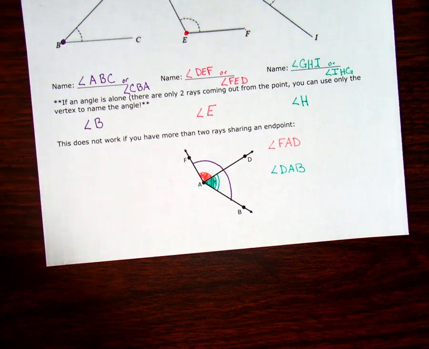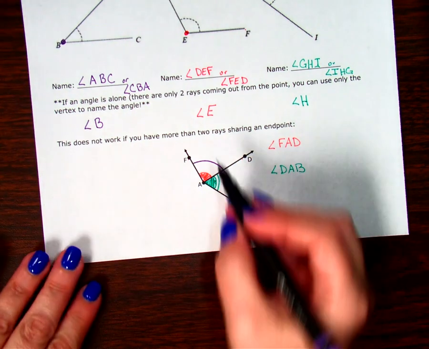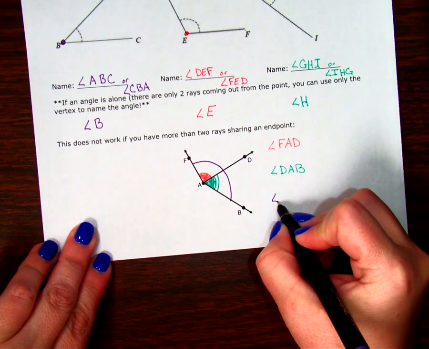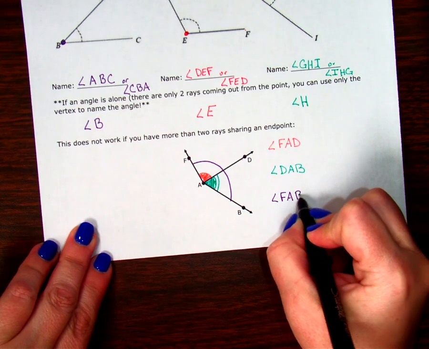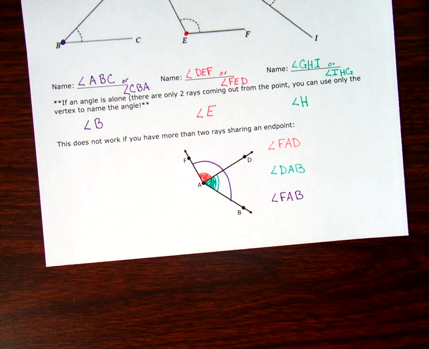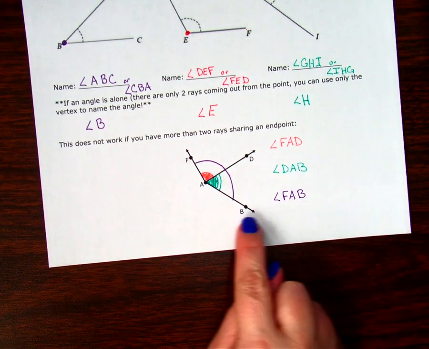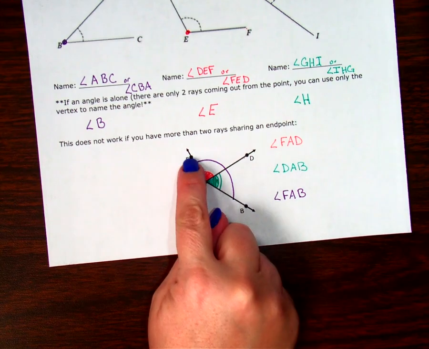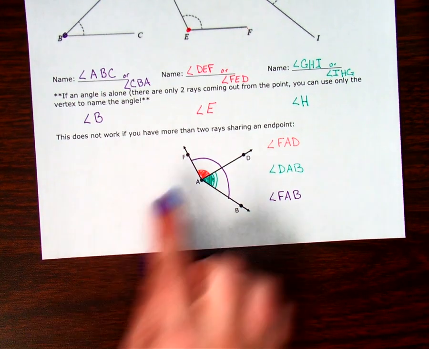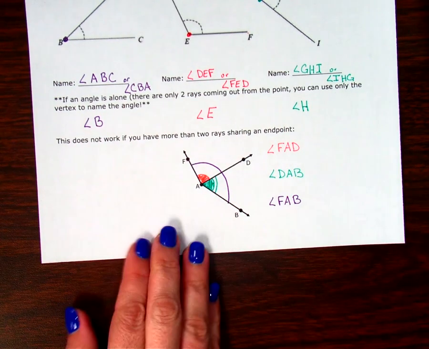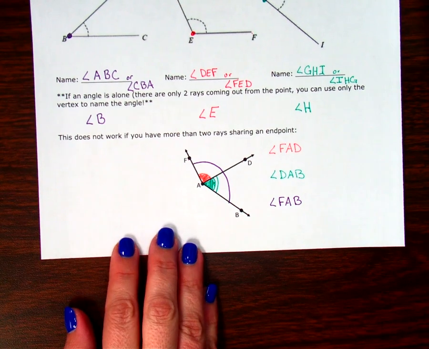I guess it depends on how I feel that day. And then my big angle is FAB, angle FAB. Notice each time I do use my angle symbol, and also because these letters are coming from points, they're always going to be capital letters. Notice every time I name them, I'm always using capital letters because they're representing points.